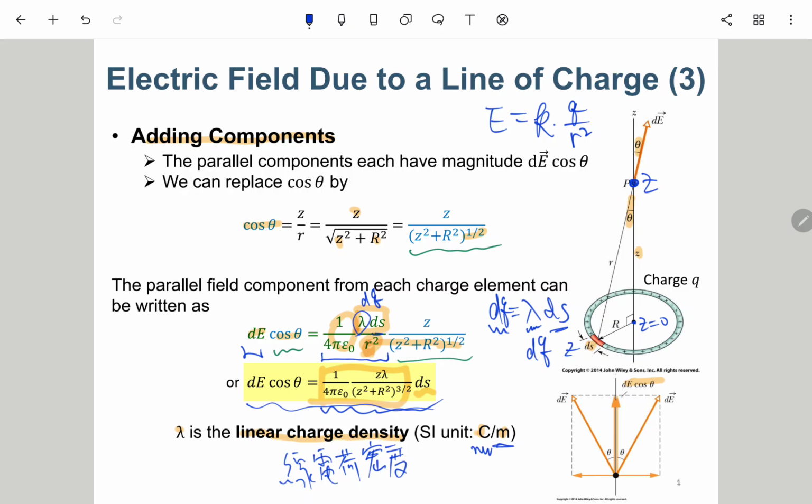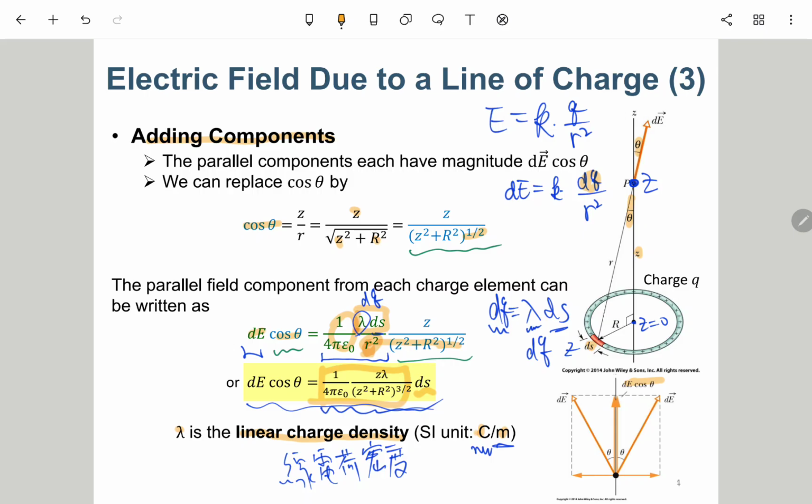But in this case, it is generated by the small amount of dq on the ds. So we rewrite the expression as dE equals k times dq over r squared. We consider this dq along this very short distance ds.